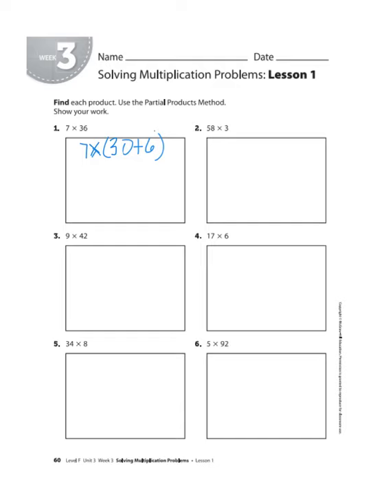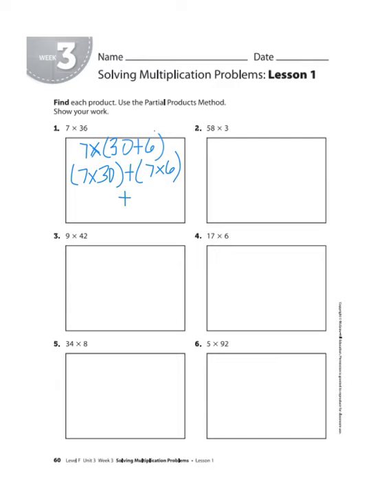So now I'm going to use the distributive property to do my multiplication. So now this is going to become 7 times 30 plus 7 times 6. So this part right here is done for you. You're going to do the final 2 steps. You're going to solve 7 times 30 plus 7 times 6. And then your final answer, you're going to add those 2 numbers together.